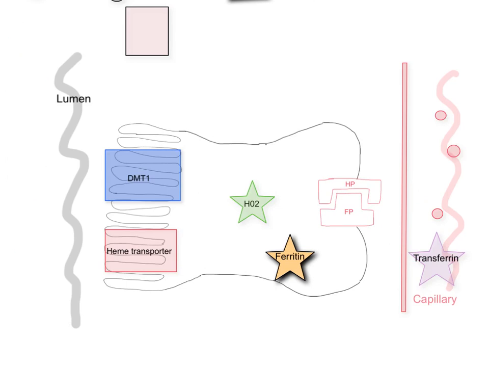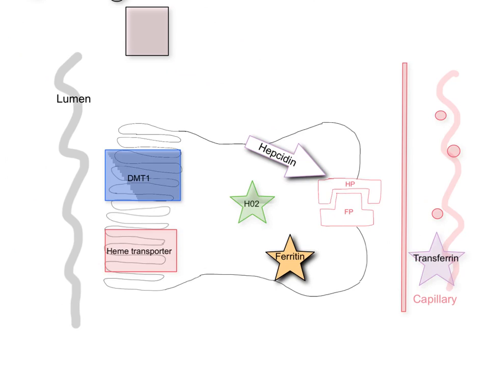When there's a lot of iron, for instance because of lysis of red blood cells, so if there's an iron overload in the system, another enzyme comes into play, and this enzyme is called hepcidin. It's produced by the liver, and it regulates the transporters ferroportin and hephaestin.